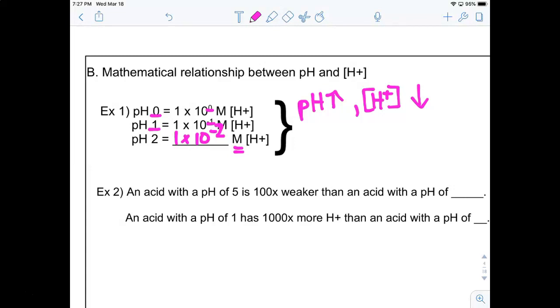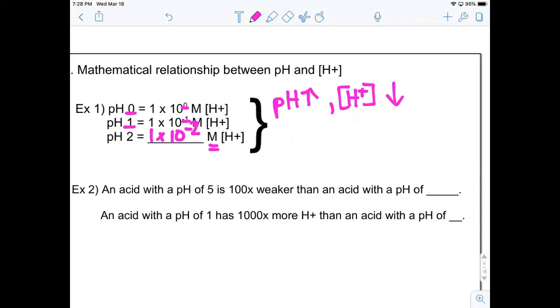Another thing that's kind of weird is that for every 1 jump you make on the pH scale, that's a 10 times change in hydrogen ion concentration. Look what we did up there. We changed the exponent by 1. That's the same as moving the decimal over 1 spot. That's the same as multiplying or dividing by 10.